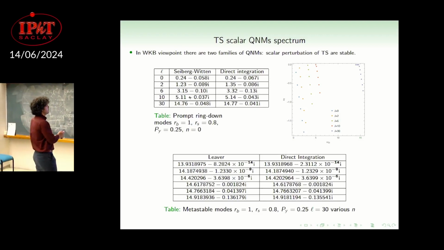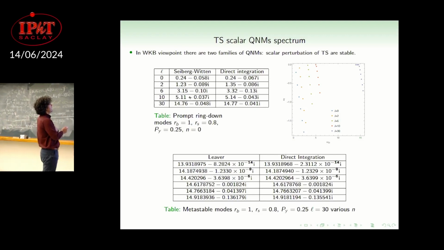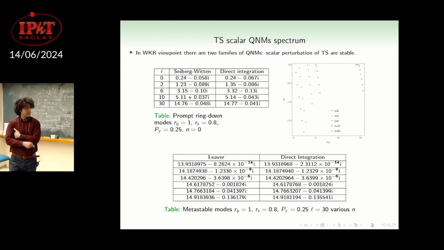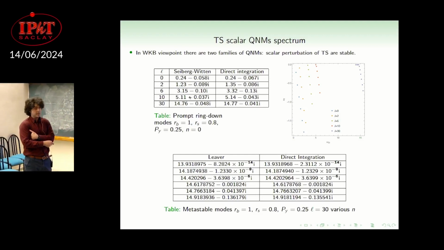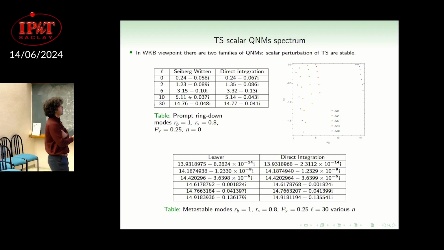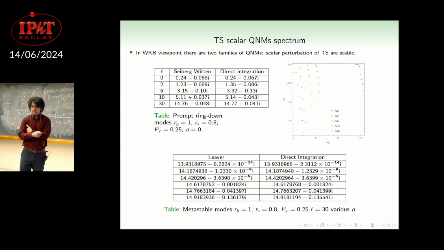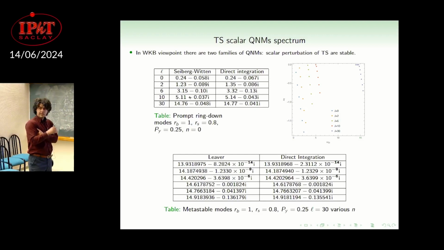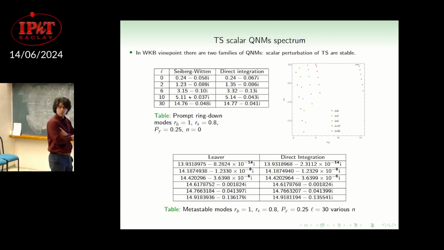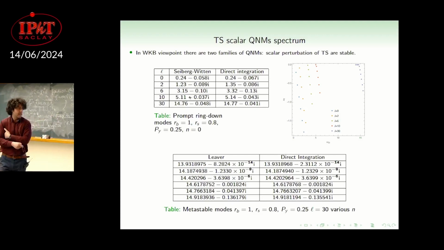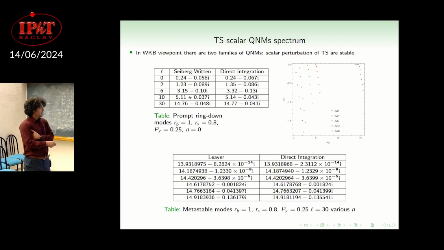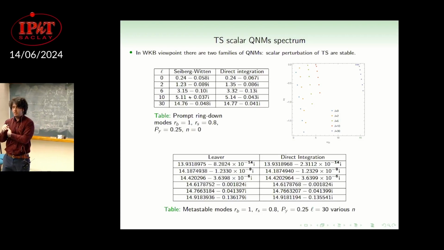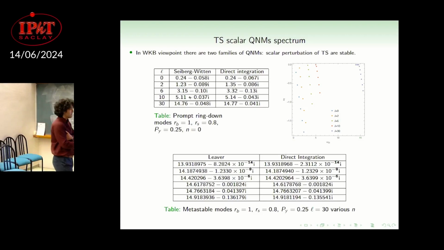The only thing that I want to stress now is that the imaginary part of the metastable mode is hierarchically smaller with respect to the imaginary part of the prompt ring-down. And as Paolo already showed 3 days ago, in terms of the time evolution, this reflects on the fact that these modes behave like echoes, so they present themselves in the late stage of the ring-down.